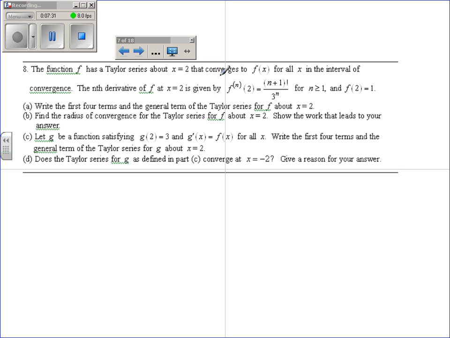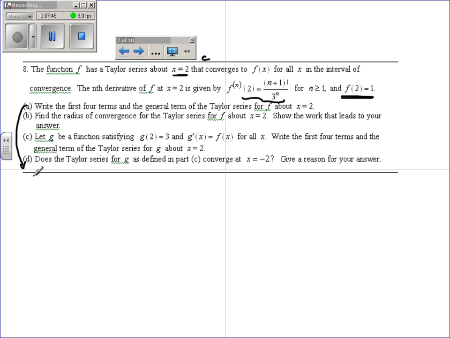Okay, so in this case, they give us a series about x equals 2, so that's the center, and they give you a formula for the derivative, and they give you an initial condition, and it says write the first 4 terms of the general term of the Taylor series for f about x equals 2.